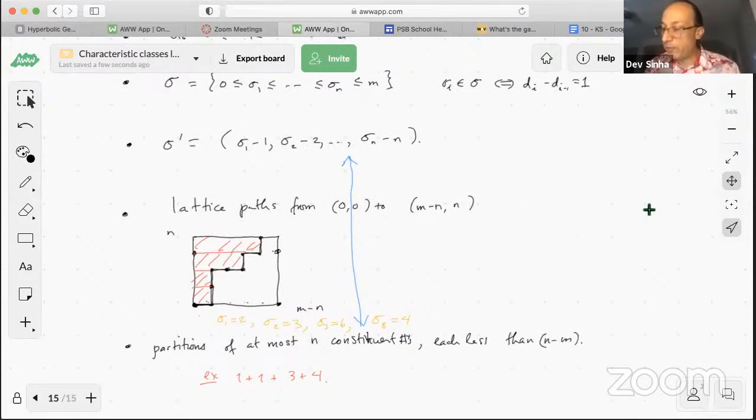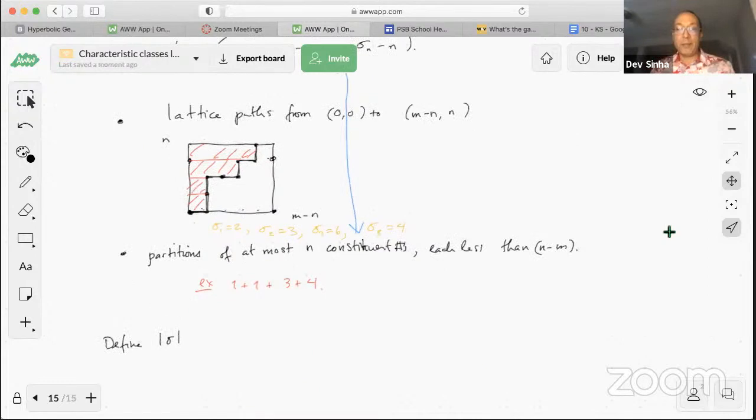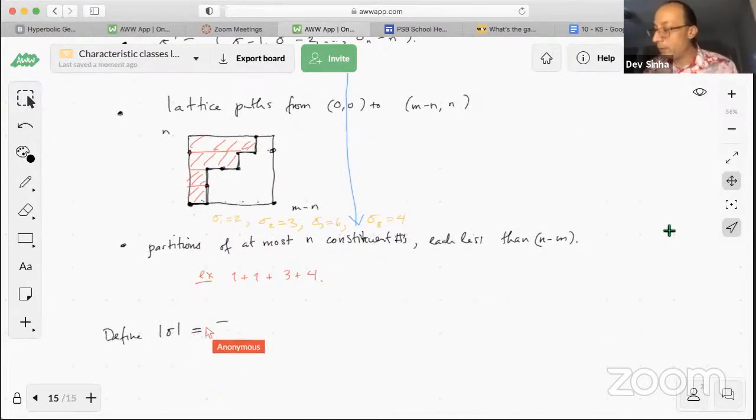You see it's natural to define the number, which I'm going to call absolute sigma, to be the sum of these numbers sigma i minus i. In other words, the number that is being partitioned. So in this case, that would be 9 in this little example, 1 plus 1 plus 3 plus 4. Great.